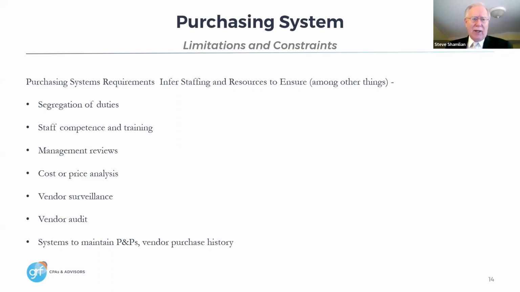Your subcontract administrators are going to have to monitor how the vendors are doing, how well they're performing against schedule and cost. You're going to have to do vendor audits. And you're going to have to have systems to maintain policies and procedures, vendor purchase history, etc.